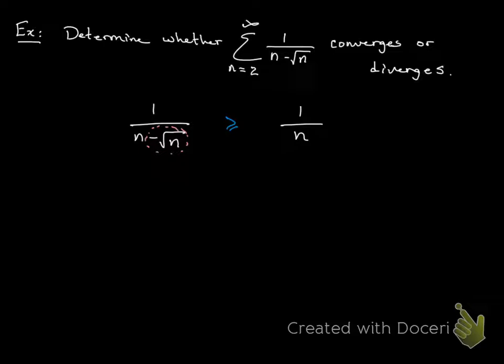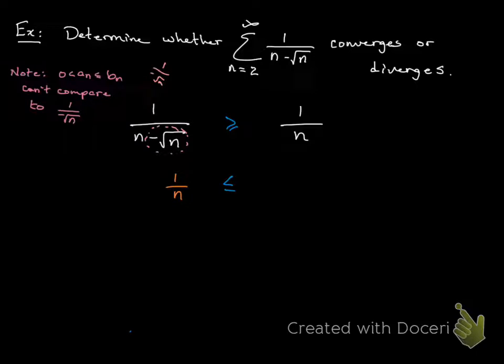I'd be dealing with 1 over minus the square root of n, and I can't do that because a sub n and b sub n have to be bigger than 0. I can't compare to that minus square root of n down there. I have to compare to positive things because that's the way the test is defined.